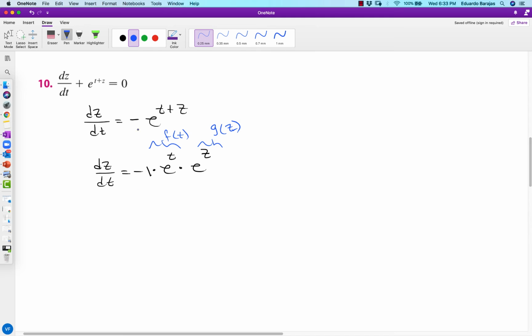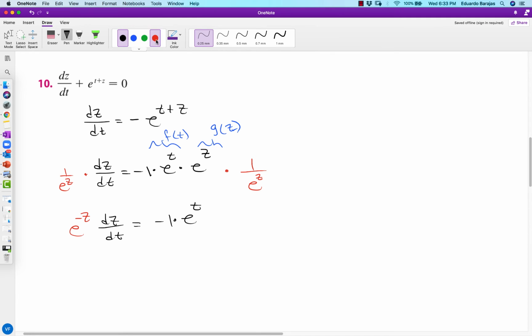And now I can put all the terms that have a z on the left-hand side, all the terms that have a t on the right-hand side. So I'm going to multiply this side by 1 over e to the z, multiply this side by 1 over e to the z. So we end up with e to the negative z dz/dt equals negative 1 times e to the t.